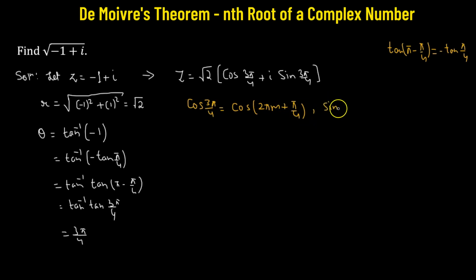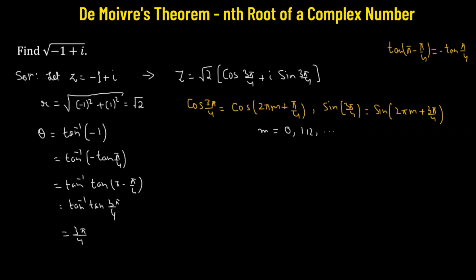Similarly, sine is also a periodic function, so sine 3 pi over 4 can also be expressed as sine of 2 pi m plus 3 pi over 4. Here m will be taking integer values, so values of m will be 0, 1, 2, and this continues.